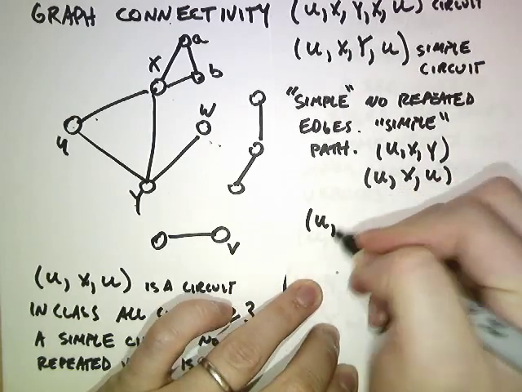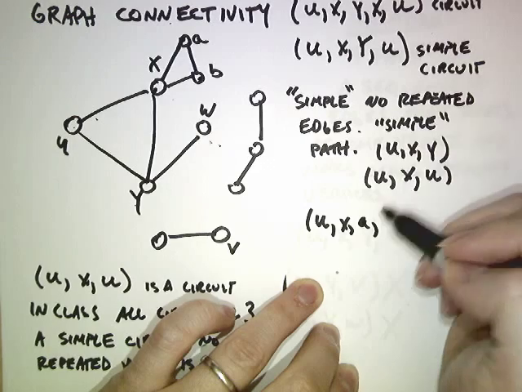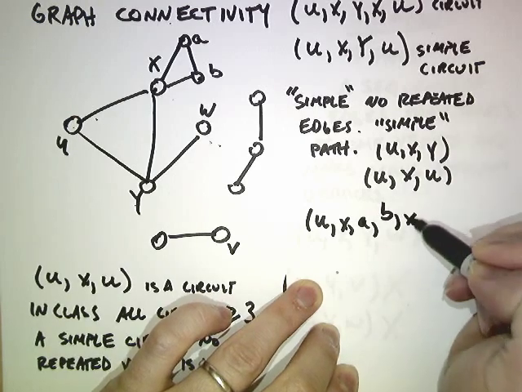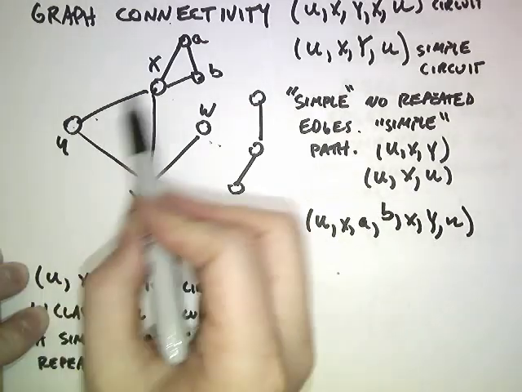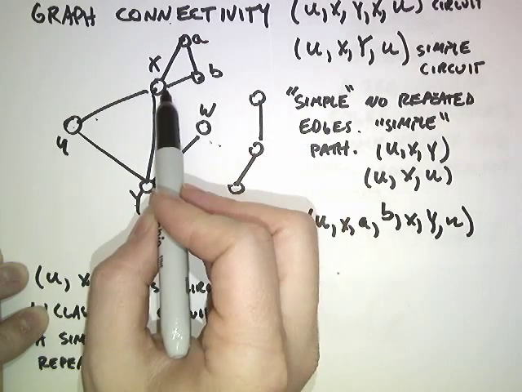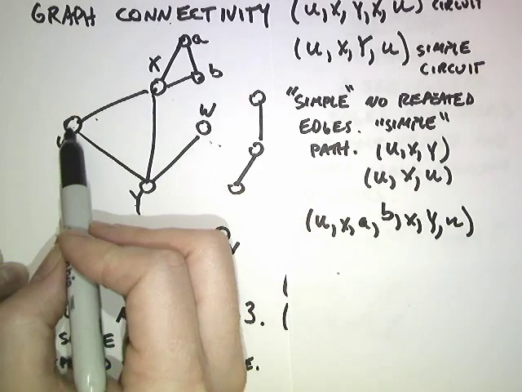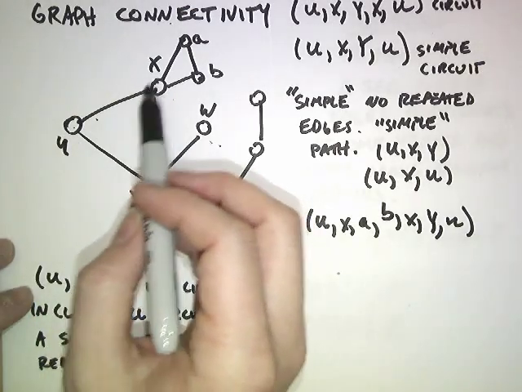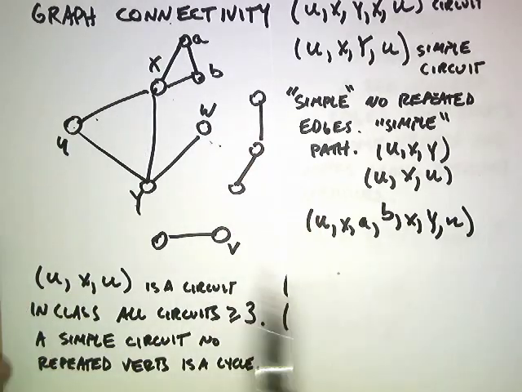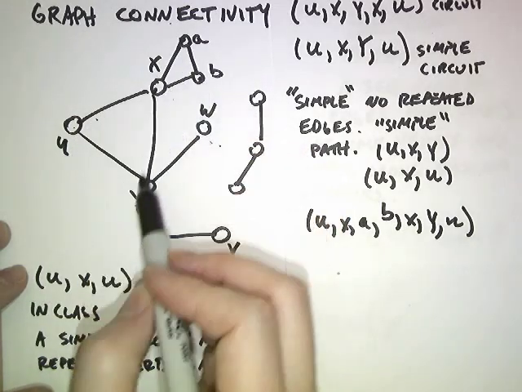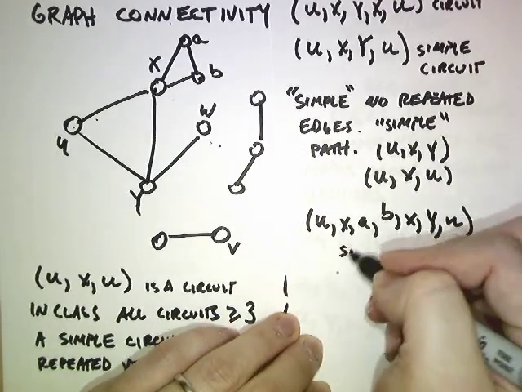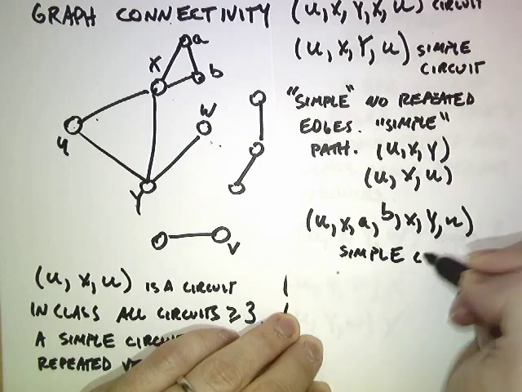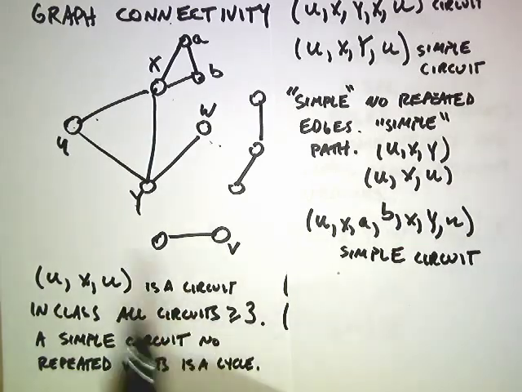Let's see, U, X, A, B, X, Y, U. Okay, I went from U to X to A to B to X to Y to U. So notice I repeated the vertex X, but I didn't repeat any edges. I took these edges all the way, it's like an hourglass. So this is a simple circuit. But it's not a cycle because I repeated this vertex X.